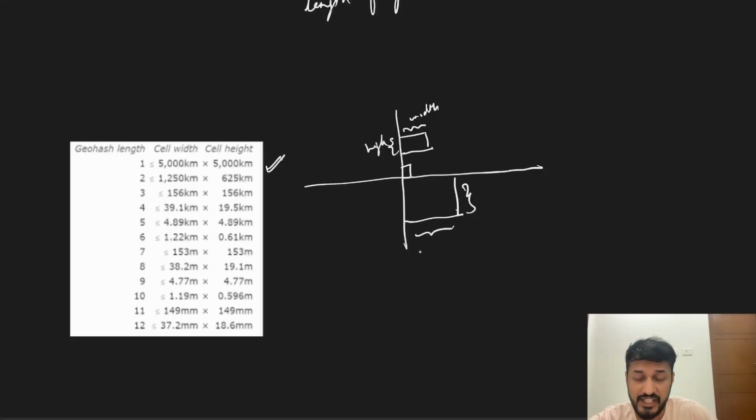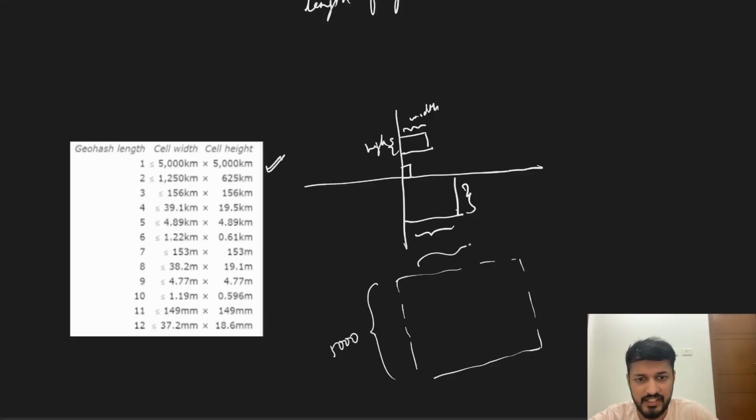Okay, so a geohash of length 1 will denote a very big block in which height will be 5000 kilometers and width will also be 5000 kilometers. Similarly for a geohash of length 2, the width will be 1250 kilometers by 625 kilometers.